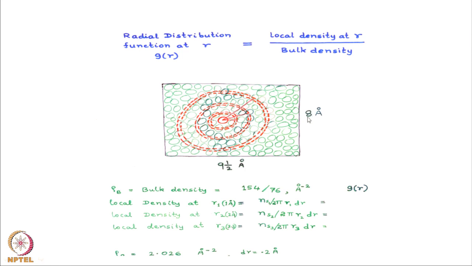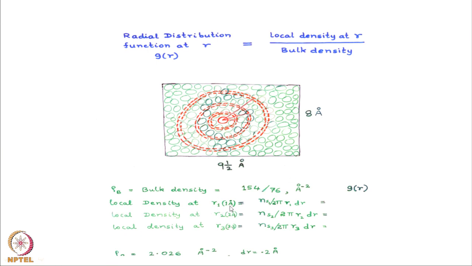The area is 8 angstroms into 9.5 angstroms, that is 76 angstrom square, the area of this box. How do I get the bulk density? There are 154 particles in that area, divided by that area. This is my bulk density. The bulk density is the total number divided by total area.